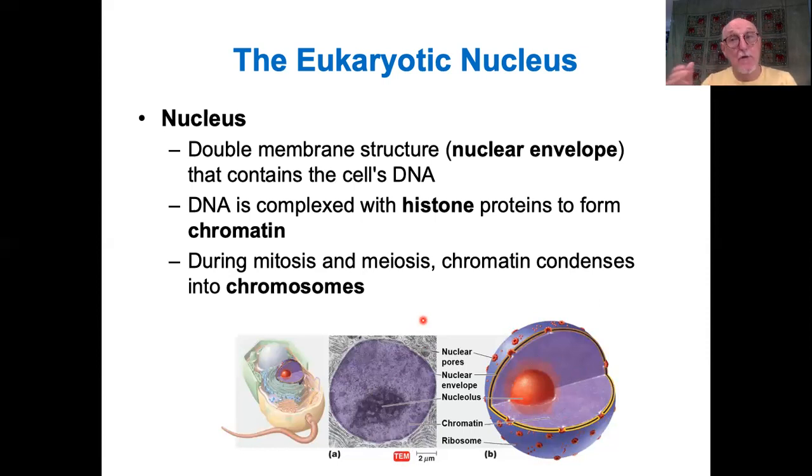So during those processes, all of this granular chromatin, DNA, condenses into visible chromosomes. At the same time, in the eukaryote cell, as it begins to divide, the nuclear membrane actually disappears completely. And the chromosomes then are free inside the cytoplasm.